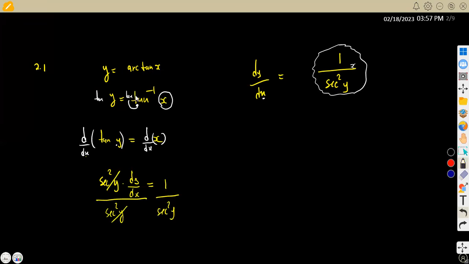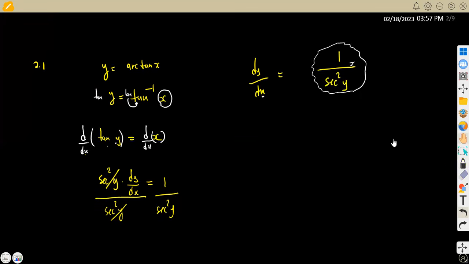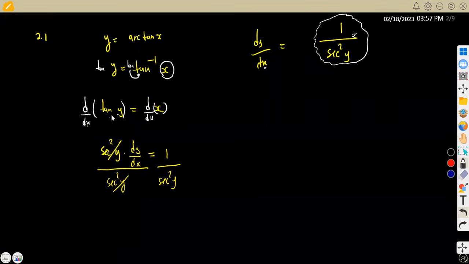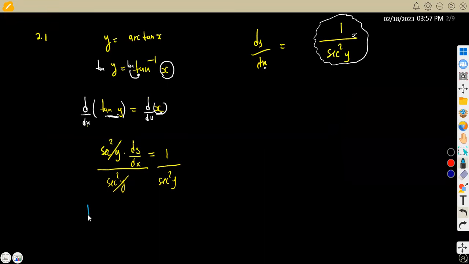We are supposed to refer back here where we have got a tan. Remember, previously we are given that tan y is equal to x. Previously, before introducing the derivative, we were given tan y, which was equal to x. At least we can play around with this to find the equivalent of sec in terms of x.